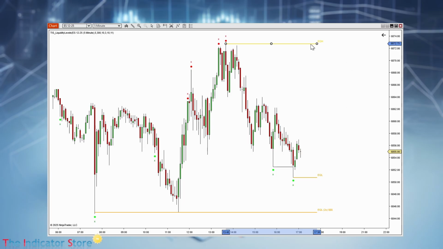We can see in golden lines the non-broken pivots, levels to trade. Those are the levels where you can place your target or prepare to enter for this setup. The gray lines are broken, and the X levels are signals.